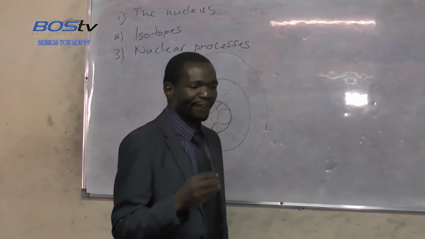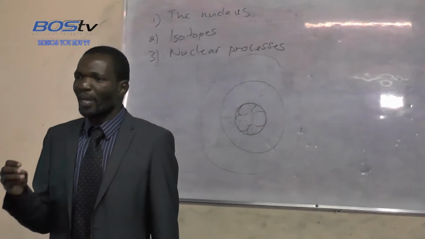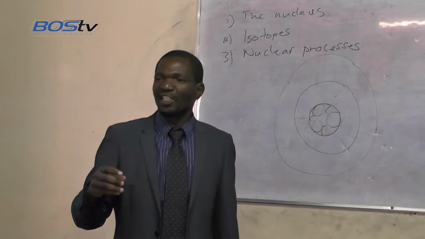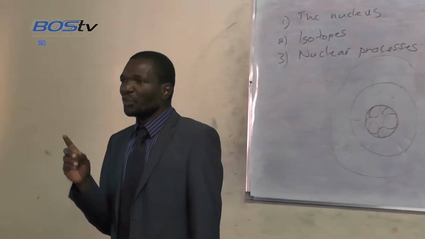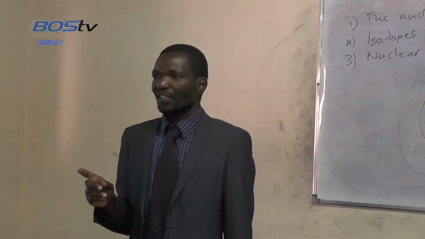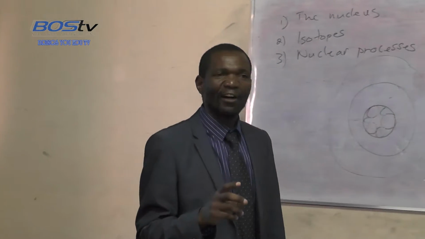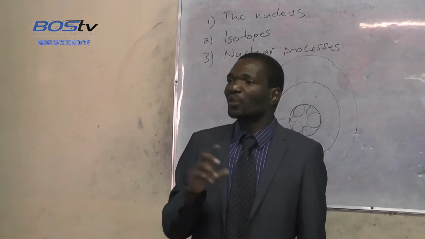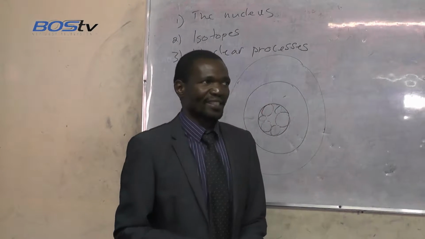So we can redefine a certain quantity. From now onwards, we are going to be dealing with a quantity which we call the atomic mass unit, which is a more convenient mass to deal with in our calculations in nuclear physics.